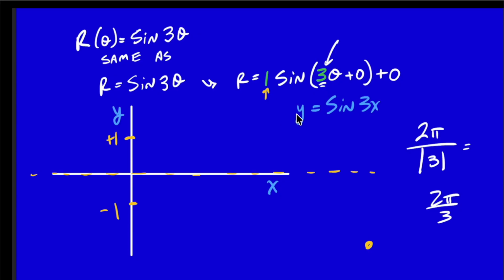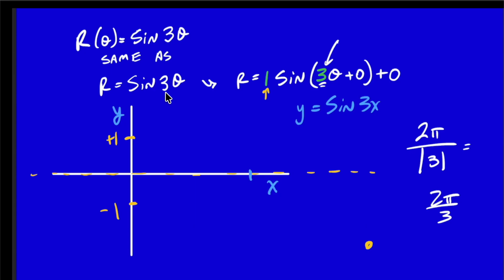The way I think of it is if I see a 3 with a trigonometric function, that means everything's going to happen 3 times as fast. So if the normal sine function takes 2 pi to do it, this guy's going to go quicker, like that.